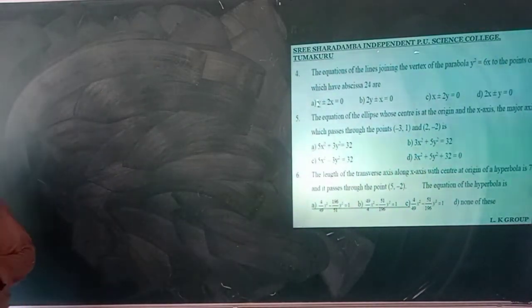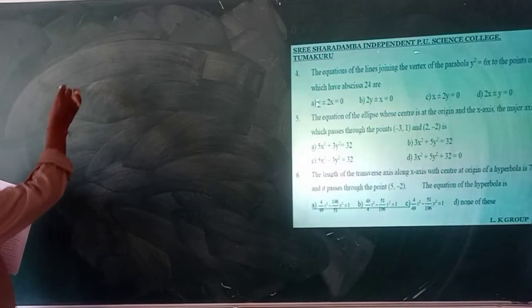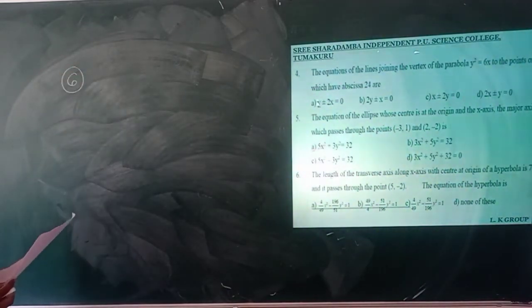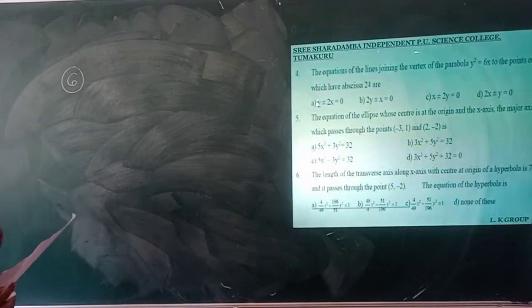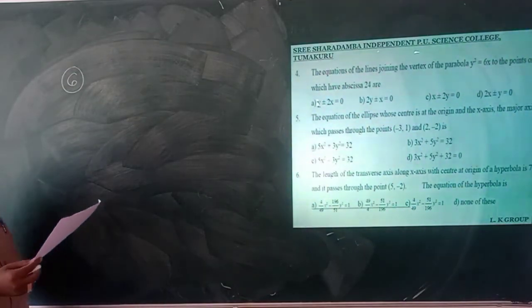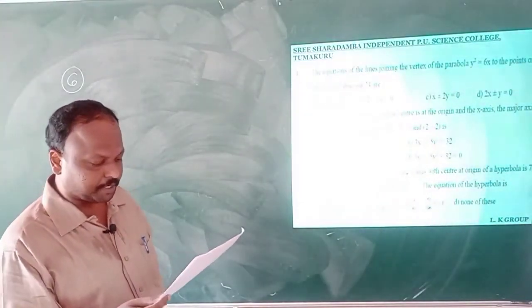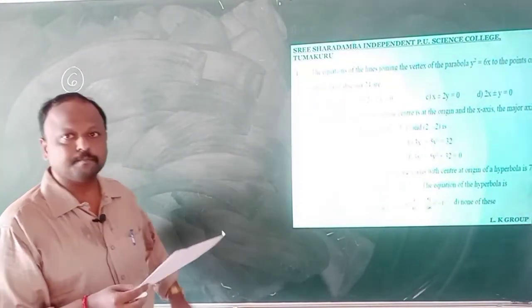Read question number 6. The length of the transverse axis along the x-axis, with center at origin, of a hyperbola is 7.